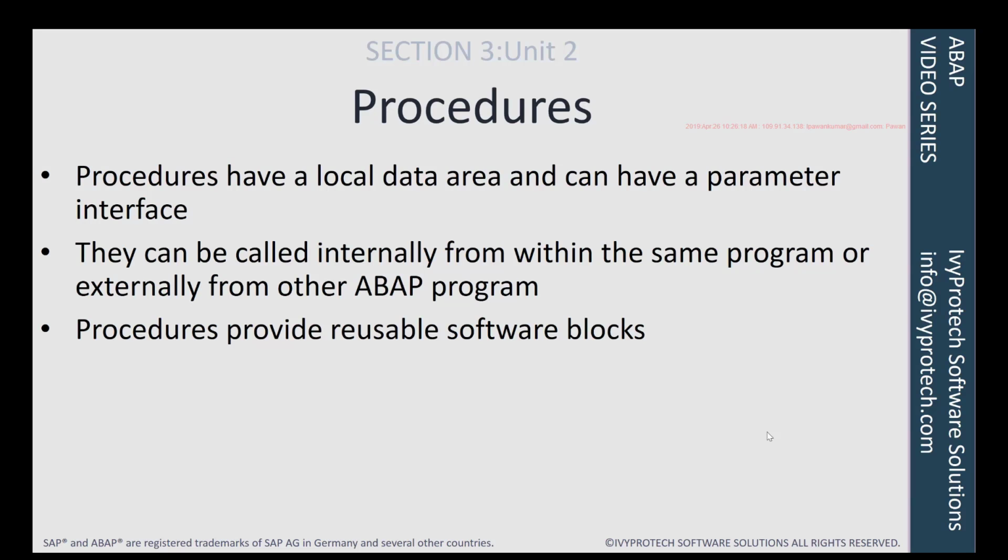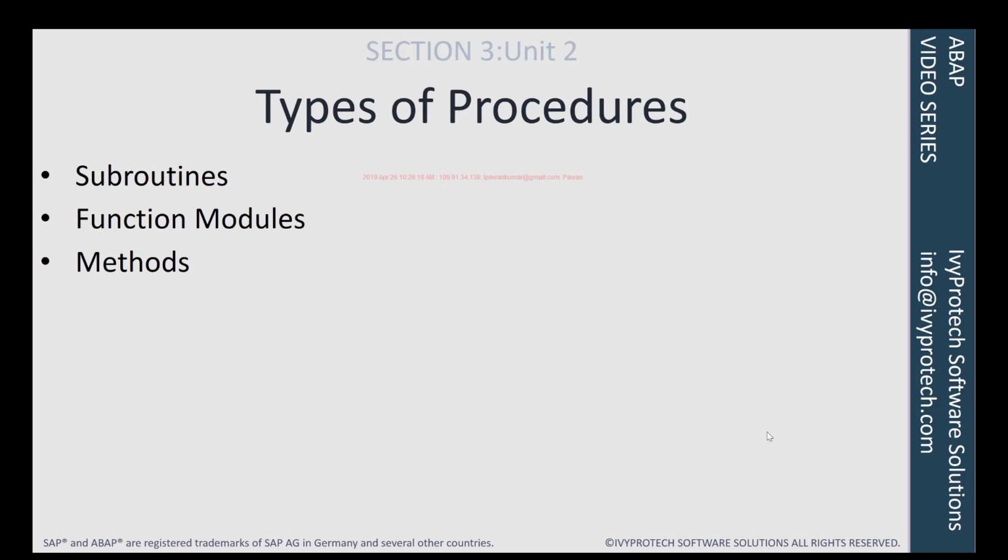Since they support a local data area, you can define variables within a procedure which are visible only within that procedure. And all these procedures can be called internally within the same program, or they can also be called externally from other programs. Right? And under procedures, we have subroutines, function modules, and methods. So in this video, we'll talk about subroutines.